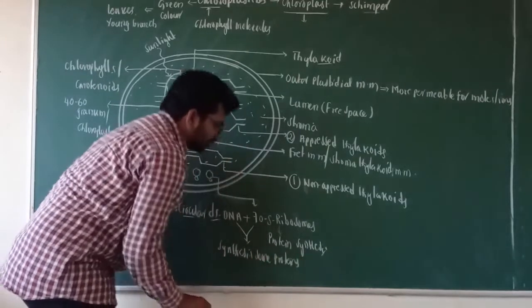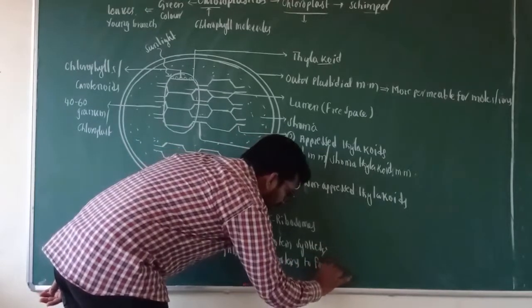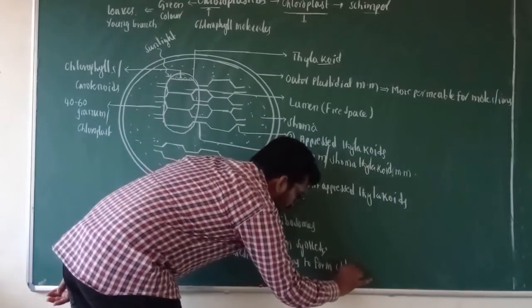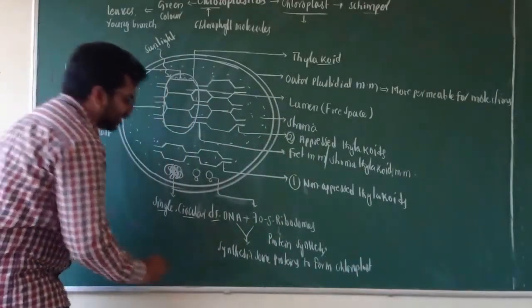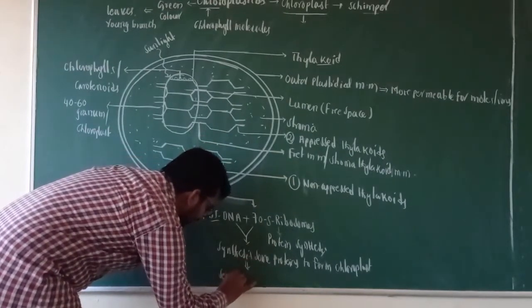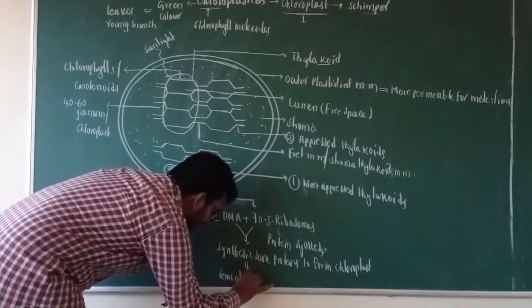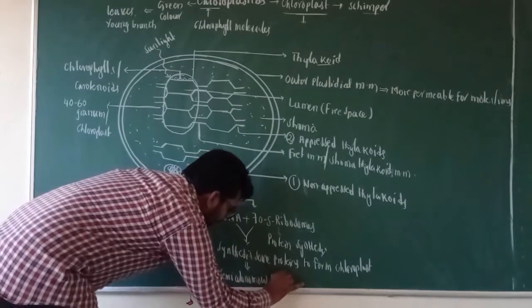Proteins for what, children? To form chloroplast. That's why we can call this organelle what, children? Semi-autonomous organelle.